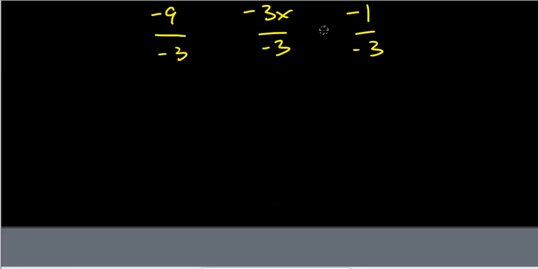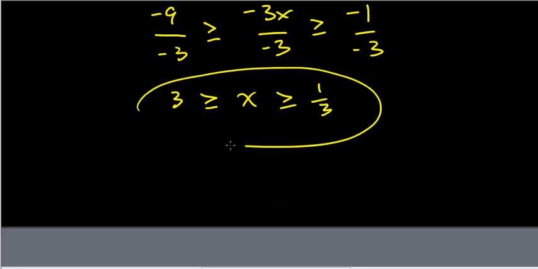So I erase those out. Okay. Now, of course, I can simplify all these expressions. Minus 9 over minus 3 is 3. Is greater than or equal to minus 3x over minus 3 is, of course, positive x, which is in turn greater than positive 1/3. This is my solution set.